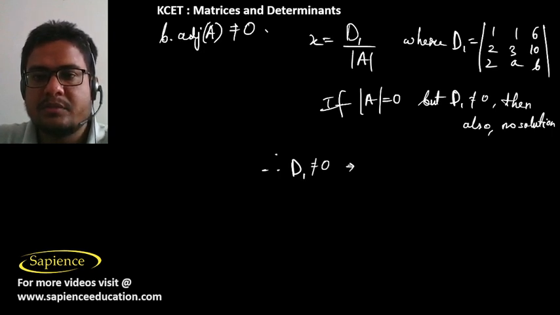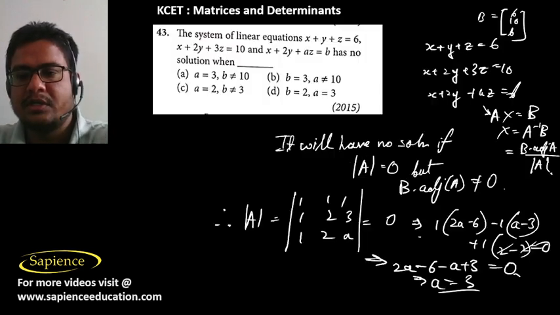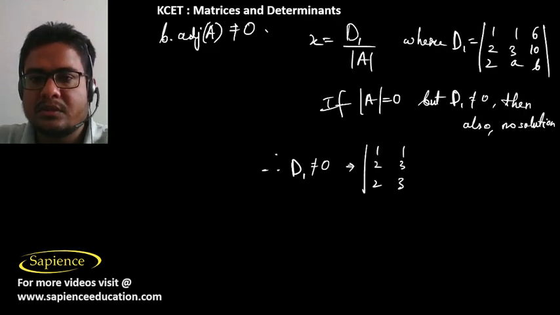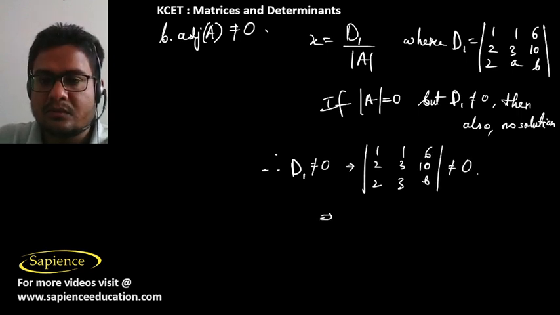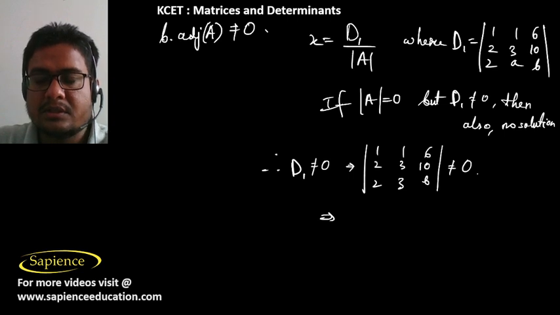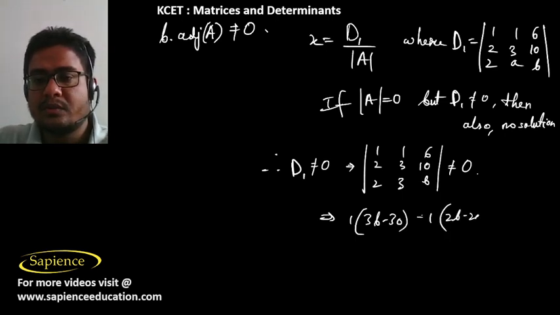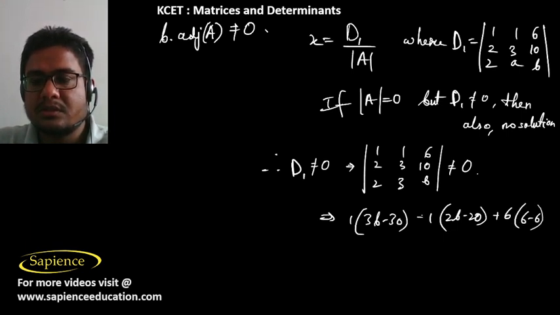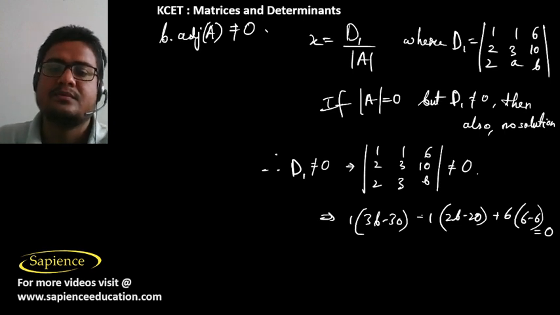What means the determinant of 1 2 2, 1 3 a, where a we have found as 3, so this will be 3, and 6 10 b. This should not be equal to 0. Therefore, if we expand this determinant along the first row, then we will have 1 into 3b minus 30 minus 1 into 2b minus 20 plus 6 into 0, that should not be equal to 0.